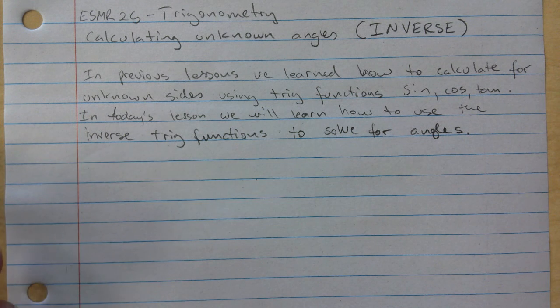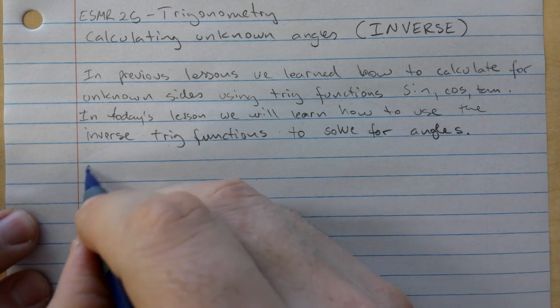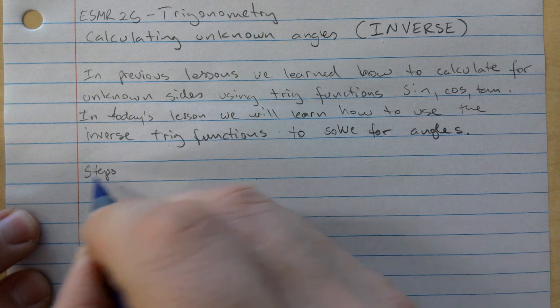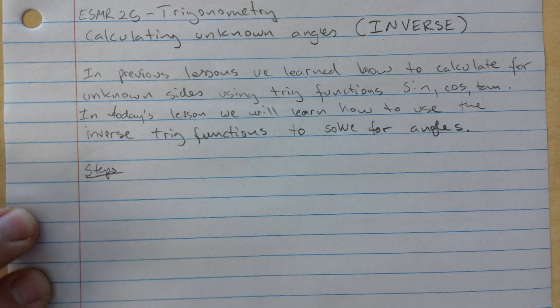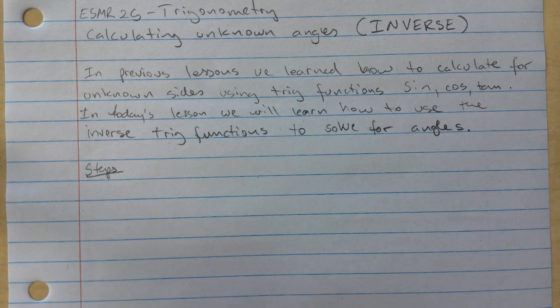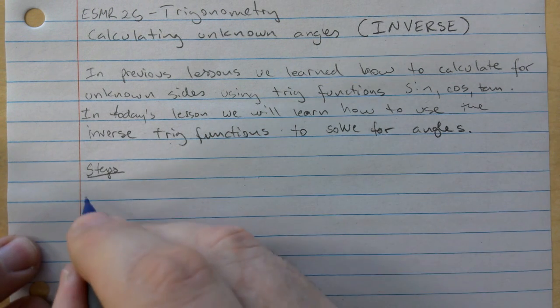Okay, so here we go. Steps. It's probably in your best interest to have the steps on your study sheet together with maybe at least one example right next to it on how you do it. And you can copy one of the examples that I'm about to give you to do that, okay?